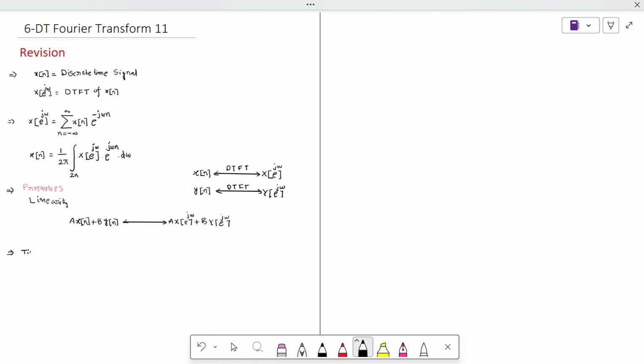The next one is the time shifting property. So x of n minus n naught gives x of e power j omega multiplied by e power minus j omega n naught. The next one, frequency shifting.